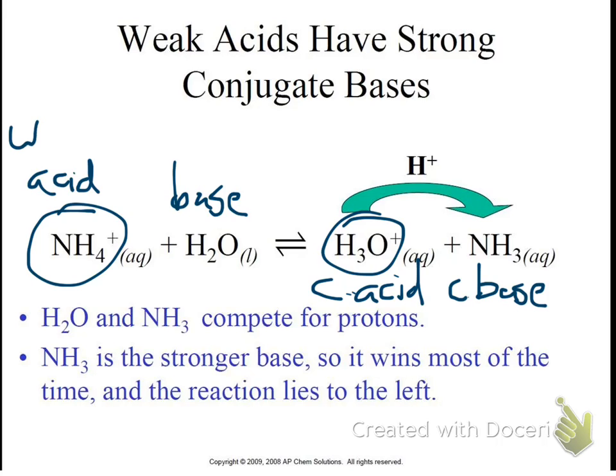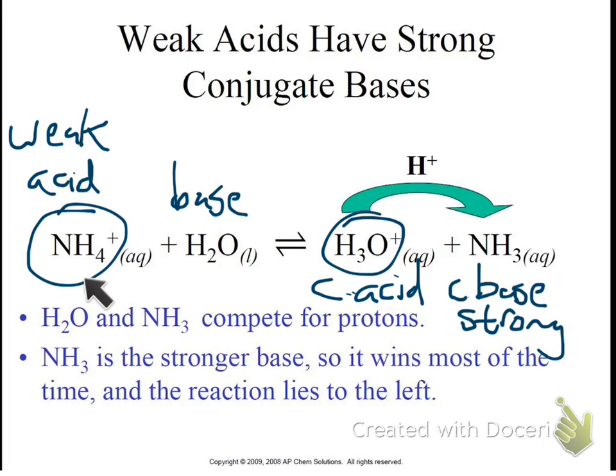Since this is a weak acid, its conjugate base is going to be strong. And there's two fellas here that want the protons: the water over on this side, and the NH3, the conjugate base, on this side. Since this is a weak acid, that means this is going to be a strong conjugate base, which means it's going to have a higher pull for the protons than the water on this side does.